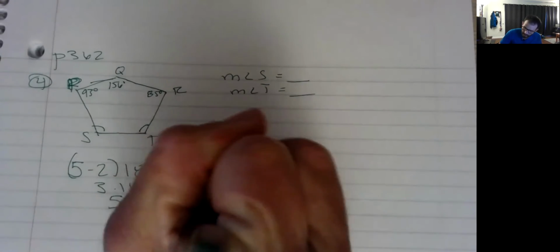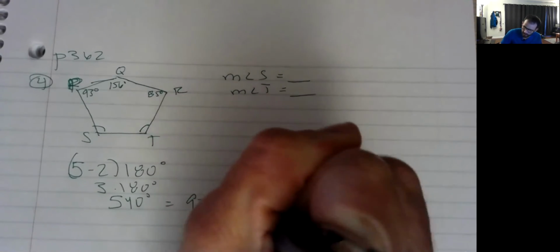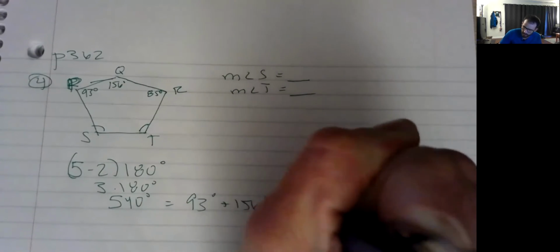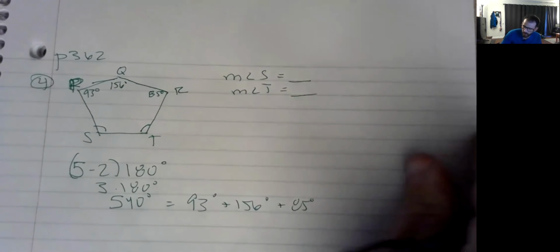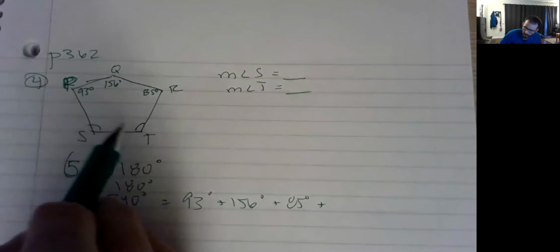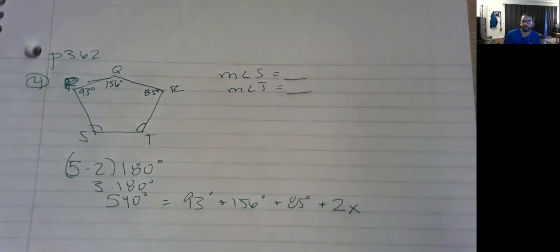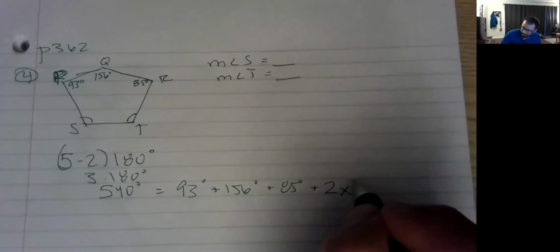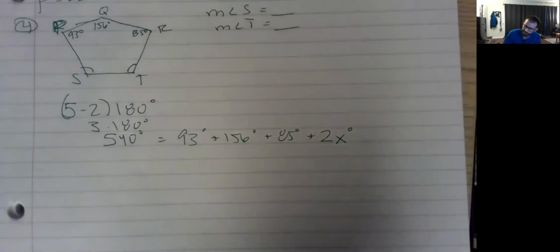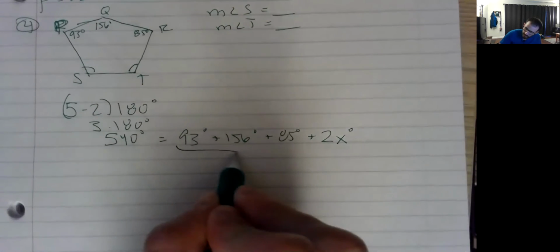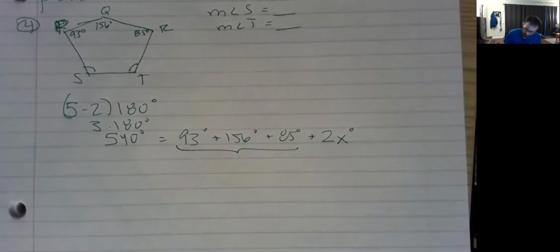Well, what has to add up to 540 degrees? Well, 93 plus 156 plus 85. And you know what? We got 2 angles here. We know they're the same. Let's say we have 2 x's. Okay, let's combine these terms.